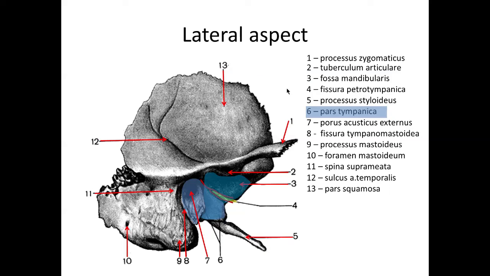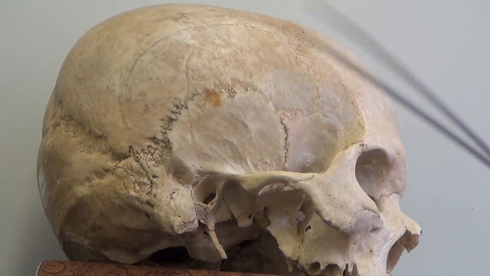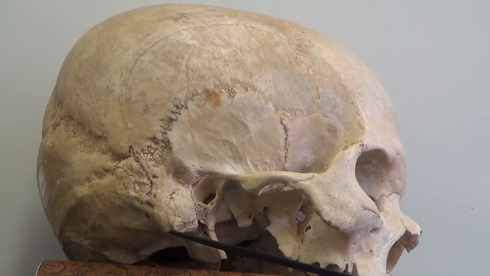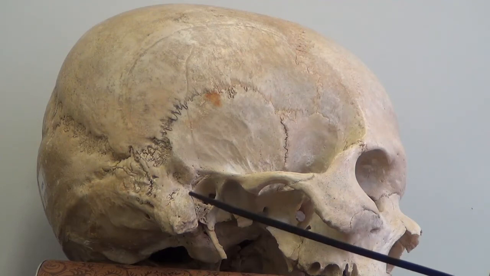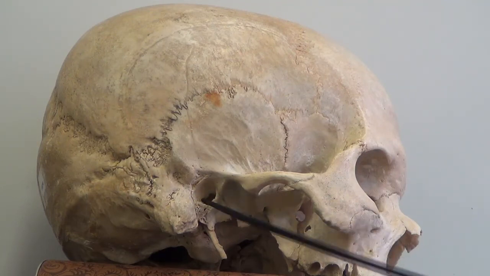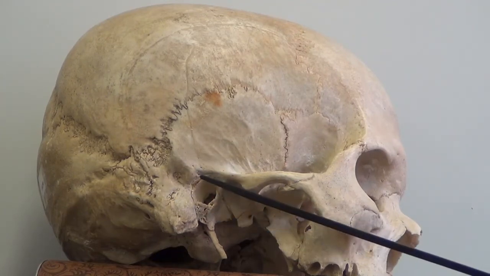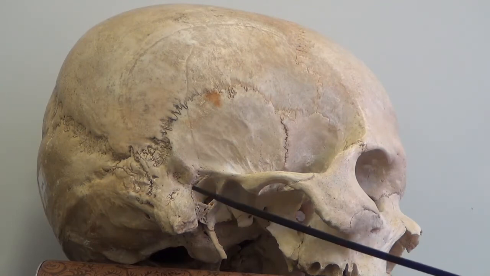So let's try to find them in the skull, in the specimen. Again, pars tympanica, processus mastoidus, and between them is fissura tympanomastoidea. Here it is.